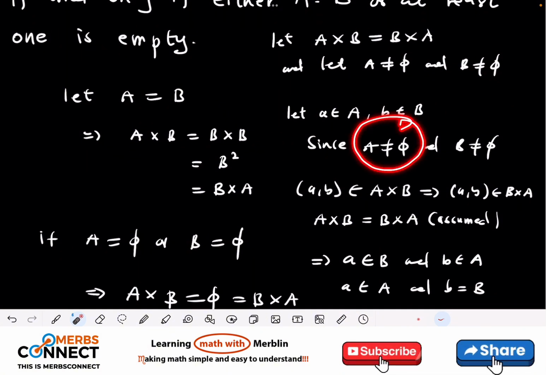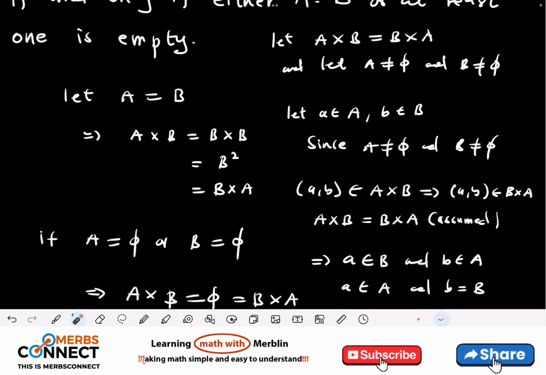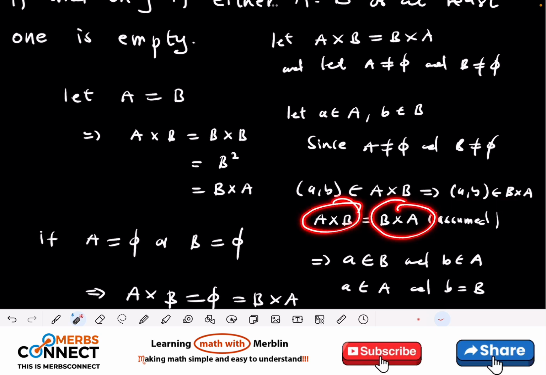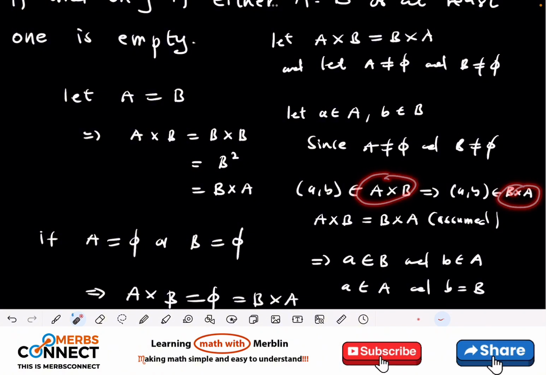Since A is not empty, B is also not empty. Then (a, b) belongs to A cross B, implying that (a, b) also belongs to B cross A, since we are saying that this is the same as this. So the element in this should be the same element in this, right?